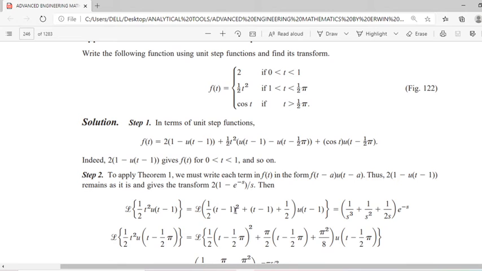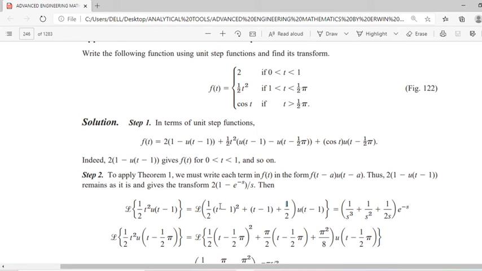So 1 by 2 is there. The middle term can be considered as 2 into (t minus 1) divided by 2. So we need only to add 1, because here we have subtracted 2 instead of subtracting 1, so we have to add 1. That term is here.